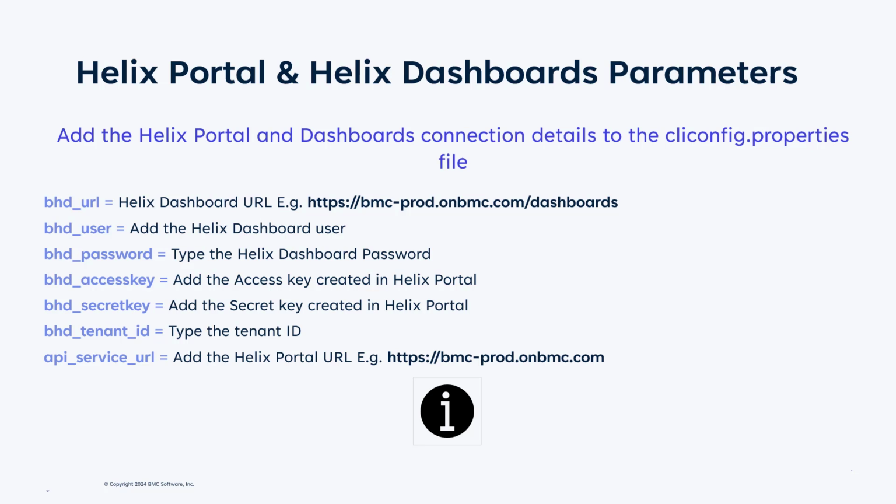For the BHD access key parameter, add the access key created in Helix Portal. For the BHD secret key parameter, add the secret key created in Helix Portal. For the BHD tenant ID parameter, add the tenant ID shown in the creation of the secret and access keys. For the API service URL parameter, add the Helix Portal URL.